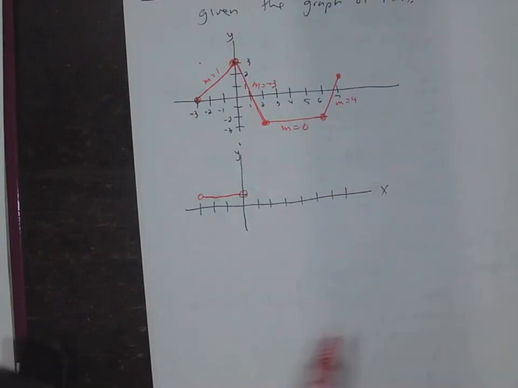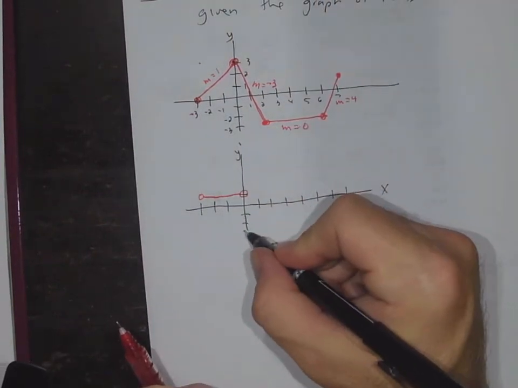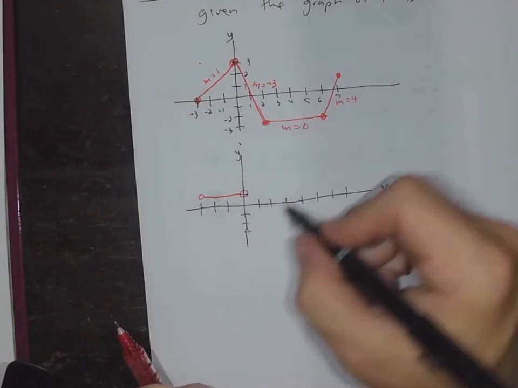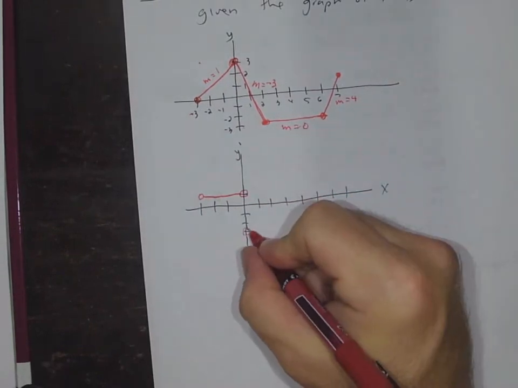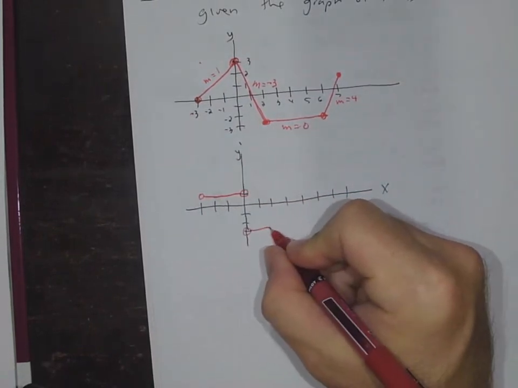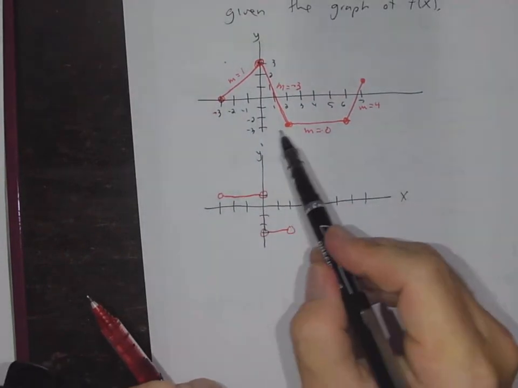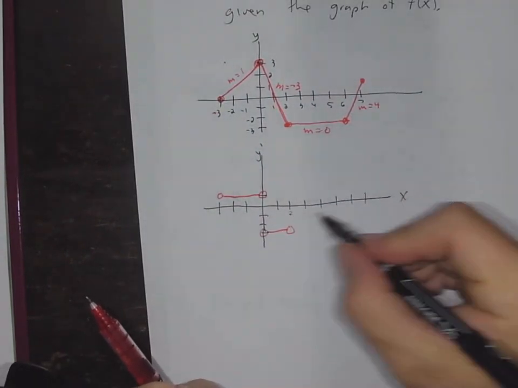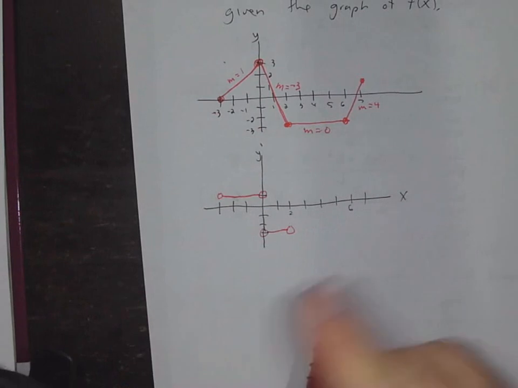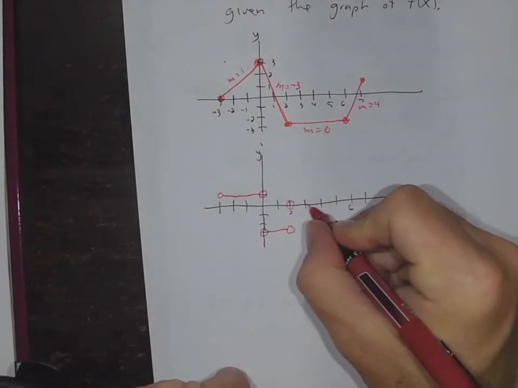The slope here is going to be -3, and that's going to be from 1 to 2, so it's going to be -3 from here to here. Here I have m equals 0 from 2 all the way to 6, so from 2, 3, 4, 5, 6, it's going to have a slope of 0, so it's going to look like this.